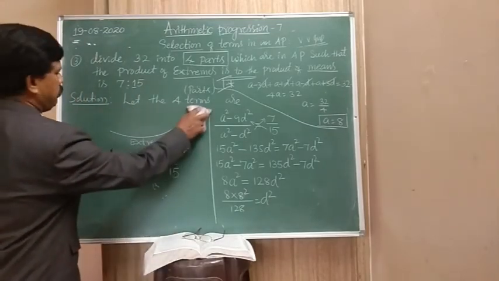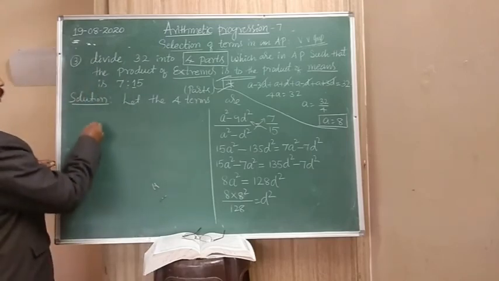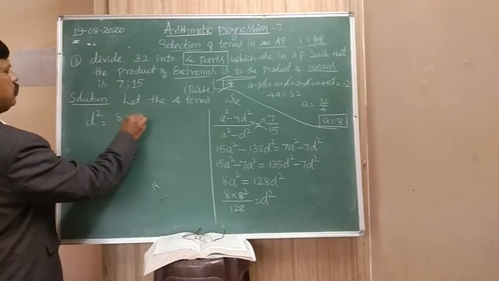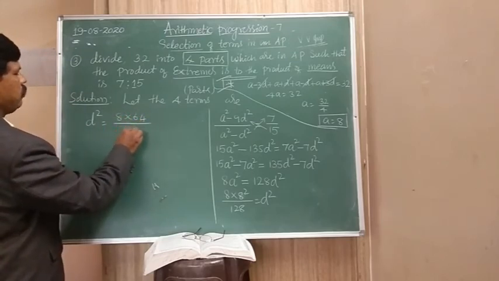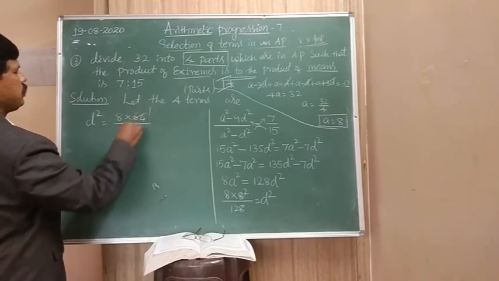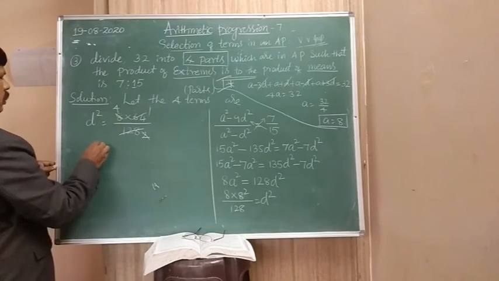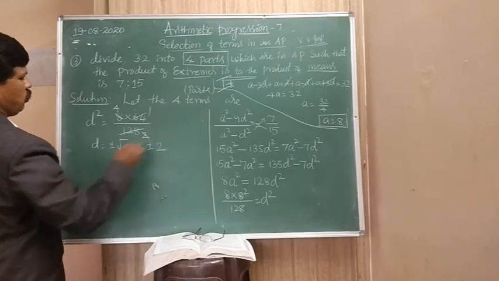Now here d square is equal to 8 into 64 by 128. 64 ones are 64, twos are 2, 2 fours are 4. Therefore d is equal to plus or minus root 4, that is plus or minus 2.